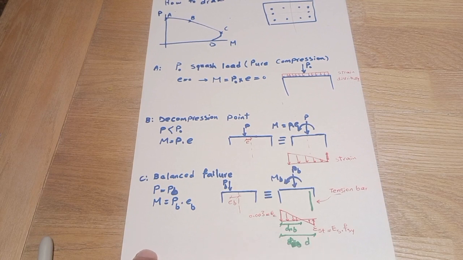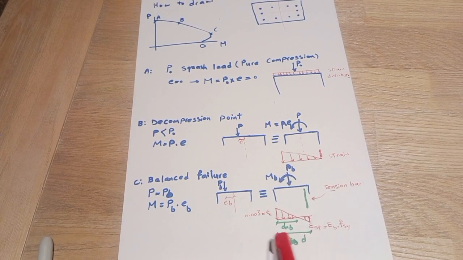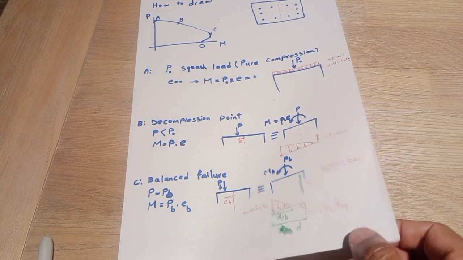So we have just linear strain distribution here, and D for tension reinforcement, and DN at the balance point for the compression side, or just about the neutral axis. So we can have strain values for each layer of reinforcement, and we can calculate the load on each reinforcement.